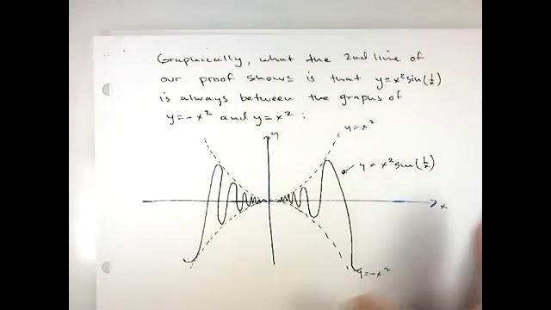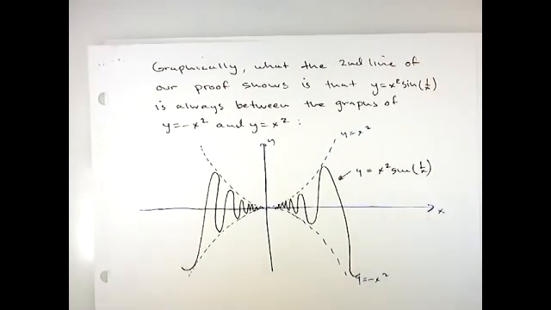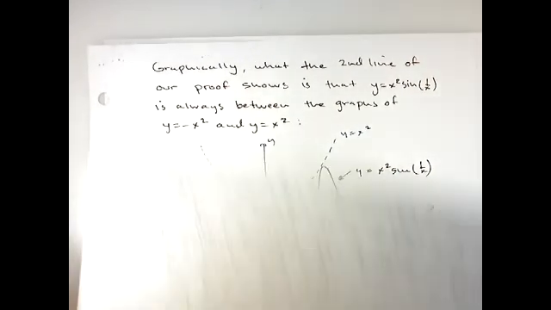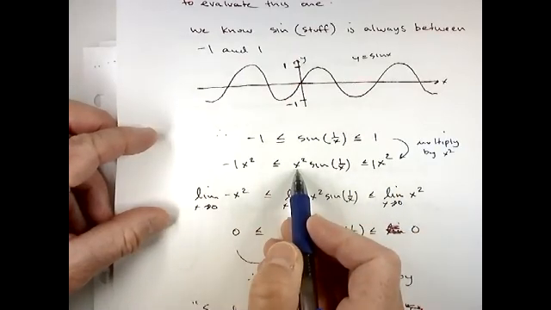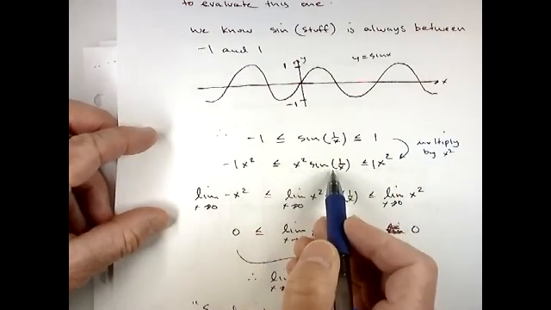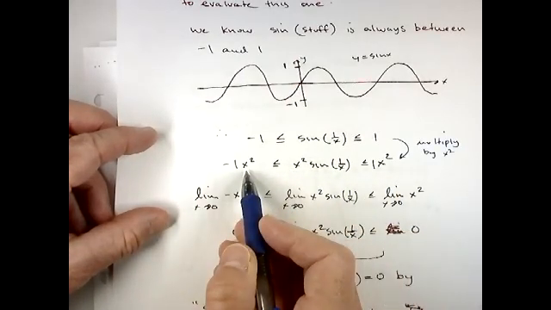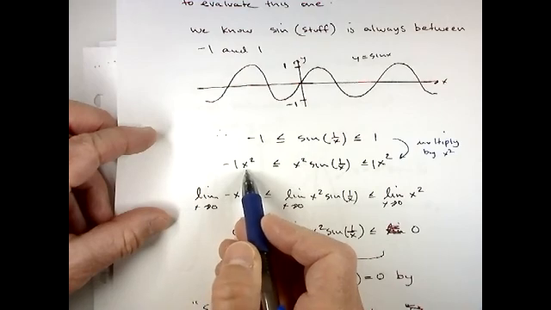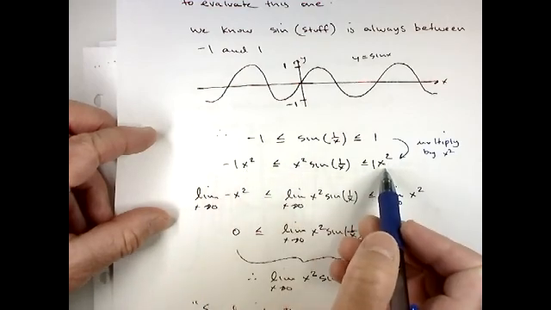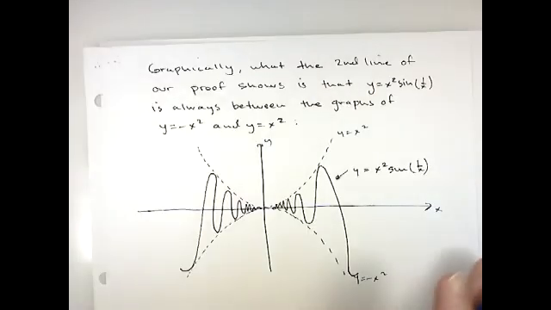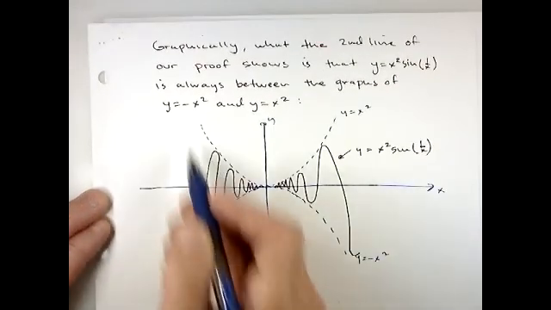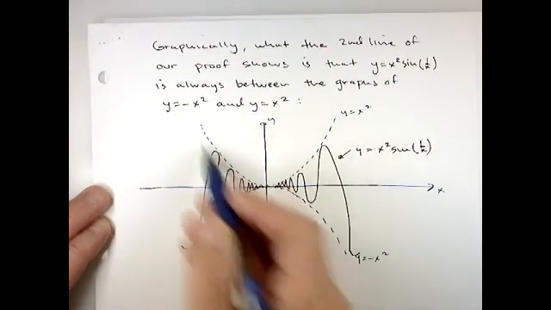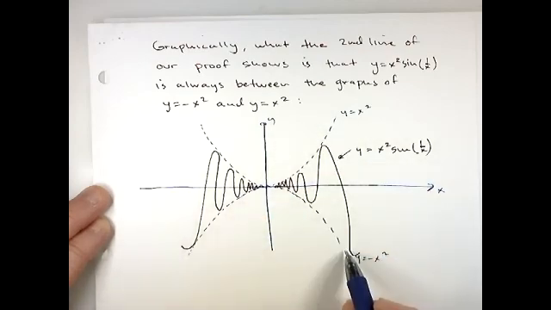And finally, what that second line of our proof is telling us is also telling us graphically, this is our function. Graphically, it's saying that our function always falls between the graph of y equals -x squared and y equals +x squared. So if you can imagine, and you can confirm this with a graphing calculator, here's y equals x squared, here's y equals -x squared.